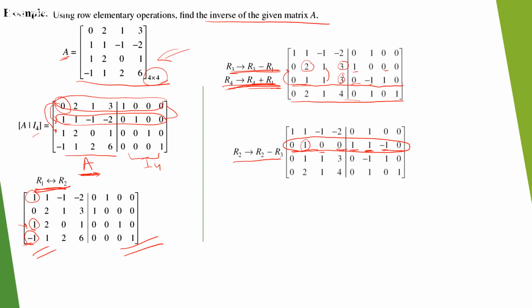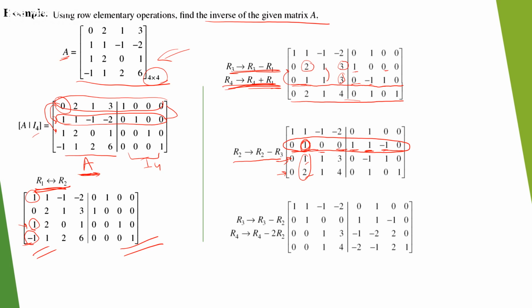Now the second element of the second row is 1, so all the elements below that should be 0. For that we apply the operations on R3 and R4. By the help of that element we make these elements 0. So we apply R3 minus R2, we just subtract the R2 row from R3, and on R4 we apply R4 minus 2 times that row, because this element is unity.